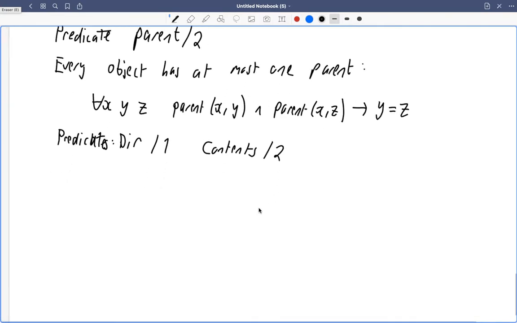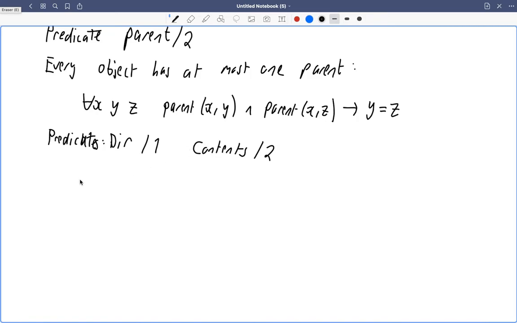And contents is something that applies to directories. We're only interested in the contents of directories, not of files in this sense. This means what the directory contains. So only directories have contents in this sense of contents.